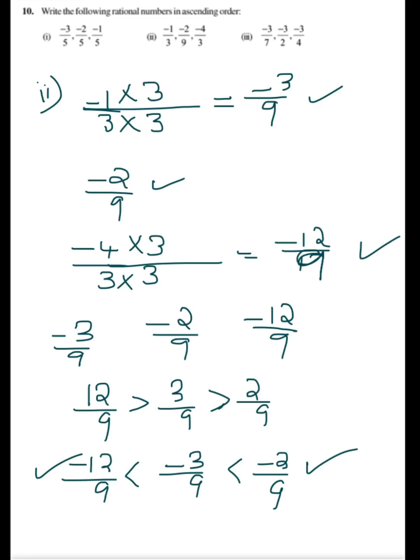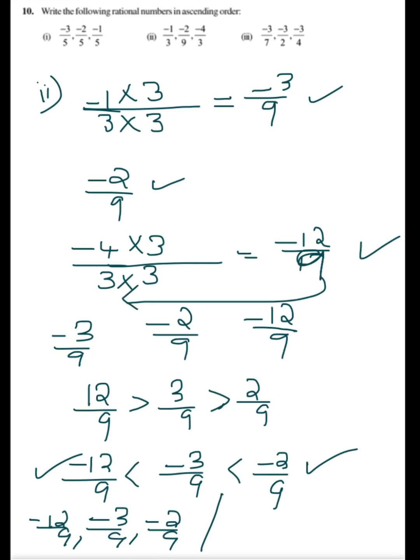Okay, that means ascending order means what? You have to write the smallest number first, that is minus 12 by 9, then minus 3 by 9, then minus 2 by 9. Or you can say, minus 12 by 9 was actually minus 4 by 3. So first will be minus 4 by 3.